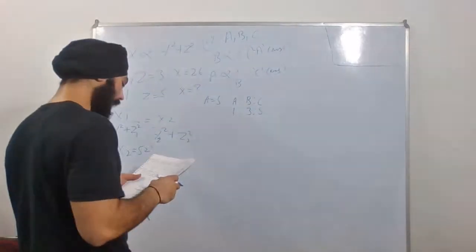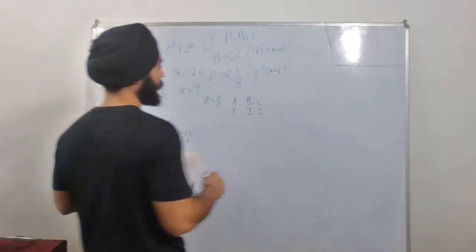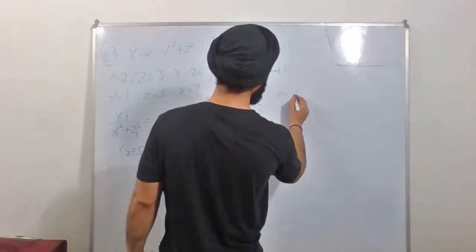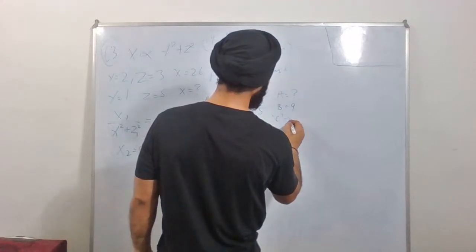Find the value of A if B is equal to 9 at C constant. What is A when B is equal to 9 and C is constant?